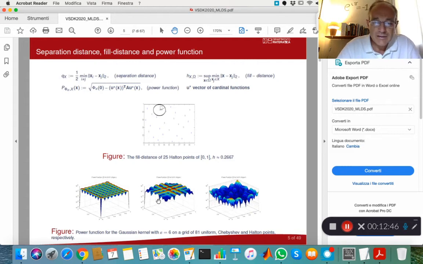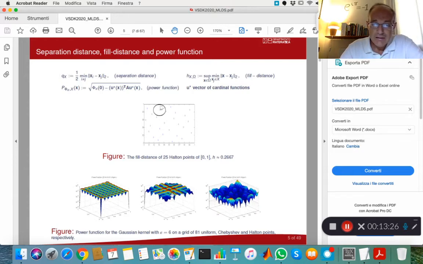Important here are three examples of the behavior of this power function. This is the power function for the Gaussian kernel with epsilon equals 6 on a grid of uniform points on the left, Chebyshev grid, or Halton points. Halton points are a kind of low discrepancy points that you can usually use as test points because they are quite scattered, but at the same time they have a quasi-uniform distribution.